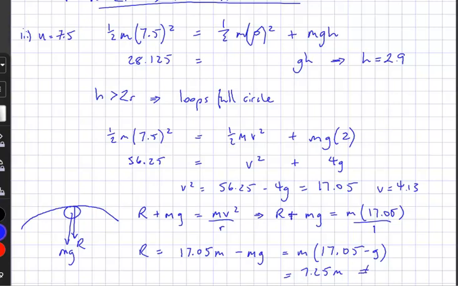I should point out, it's a positive value, greater than 0, so we've got the full circle, the loop-de-loop. If you could prove that the reaction was less than 0, then the system is failing, and you have one of the other two scenarios.